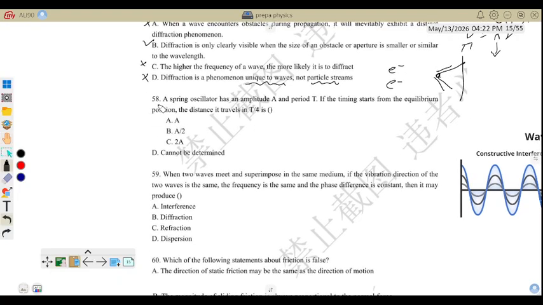For 58, a spring oscillator has an amplitude of A and a period of T. If the timing starts from the equilibrium position, the distance it travels in T over 4 is: A, A over 2, 2A, or cannot be determined?